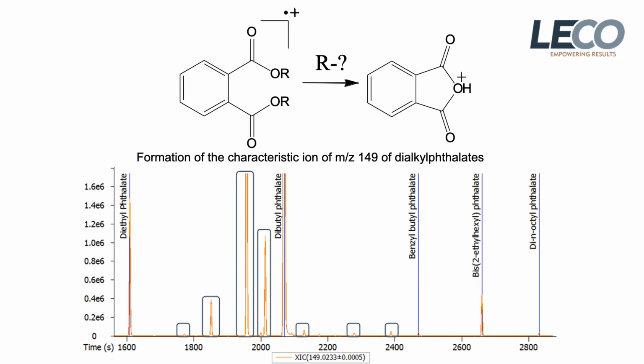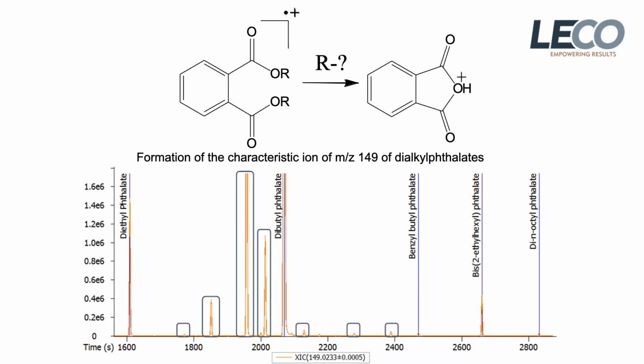Nowadays you can hardly find a sample without any phthalates anywhere in the world. The peculiarity of electron ionization of phthalates is the formation of ion of m/z value 149, which is represented here. It is very intensive ion in the mass spectrum.